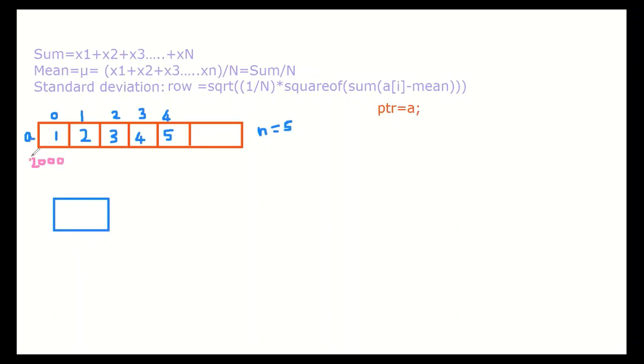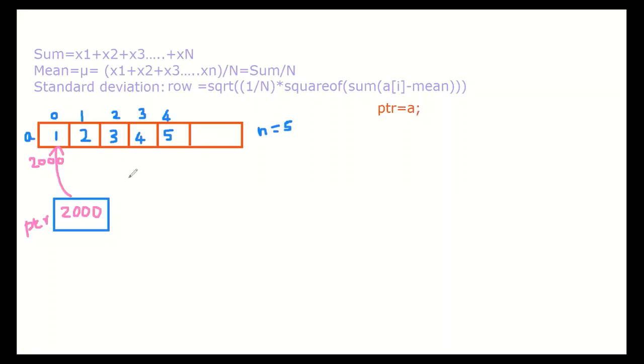Then 2000 will be stored in the ptr. Correct? This is the ptr pointer, which is pointing to the first memory location.